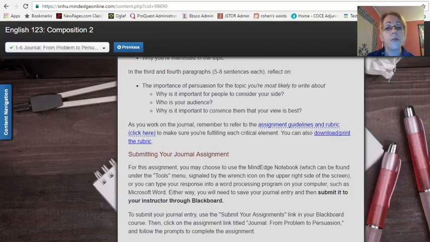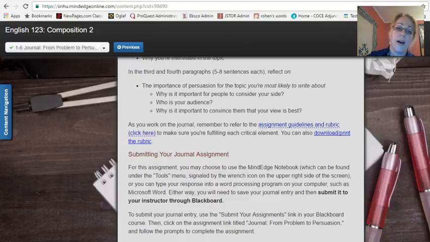In the third and fourth paragraph, explain the importance of persuasion on the topic that you're most likely interested in writing about. So you're going to present 2 topics, and then you're going to focus in on one of them in your third and fourth paragraph. Explain why it's important for people to consider your side, indicate who your audience is, and explain why it's important to convince them that your perspective, that your view is best.